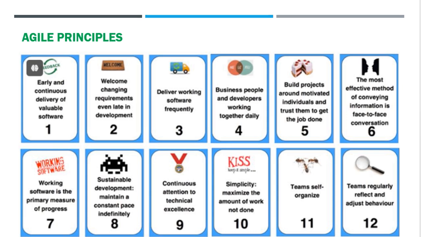Moving to the sixth agile principle, the most effective and efficient method of conveying information to and within a development team is face to face conversation. Let us consider how much easier it is to explain a recipe by showing someone in person rather than writing down the instructions.